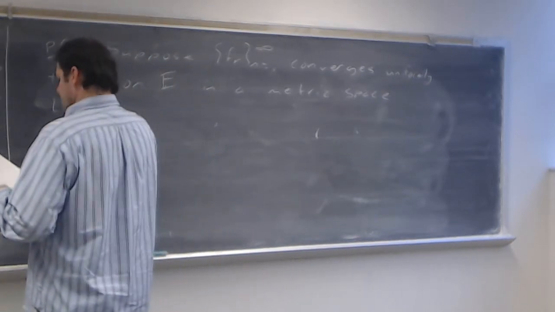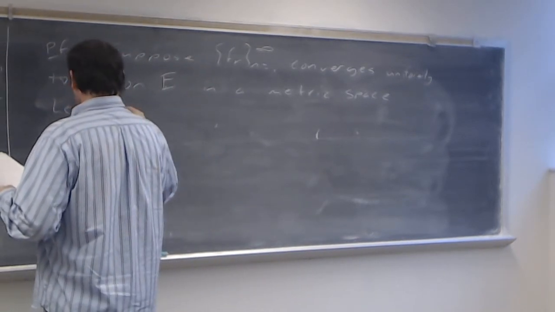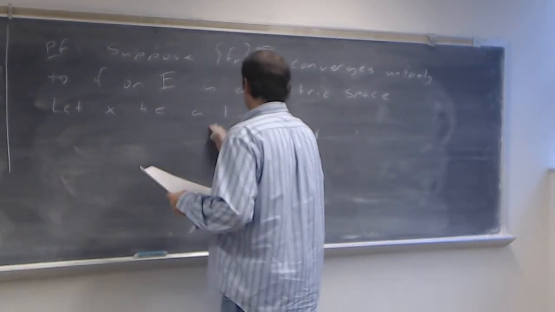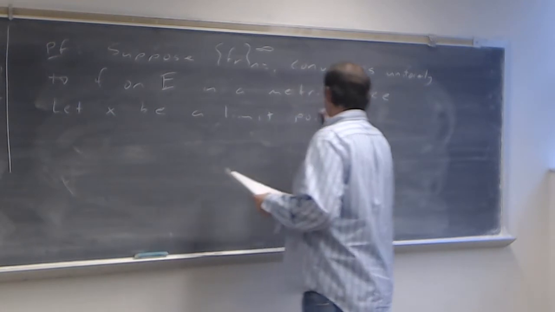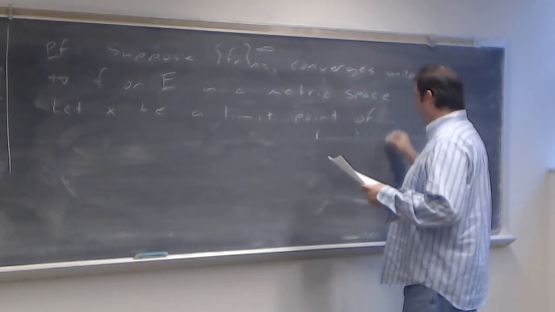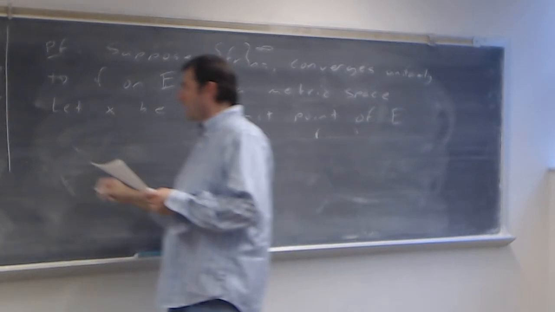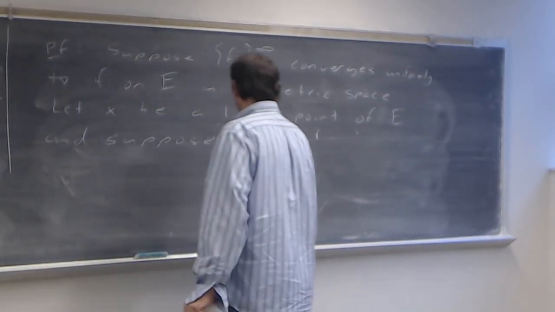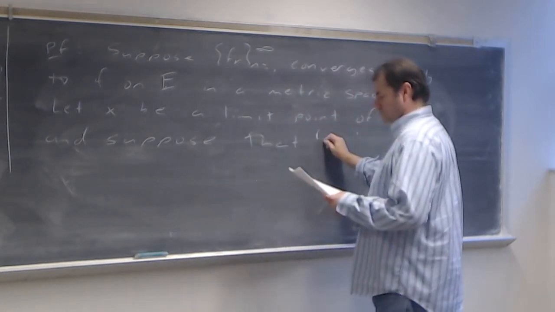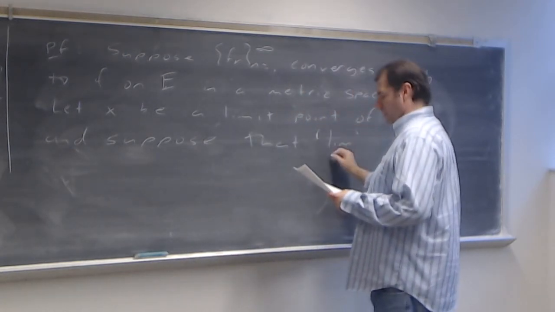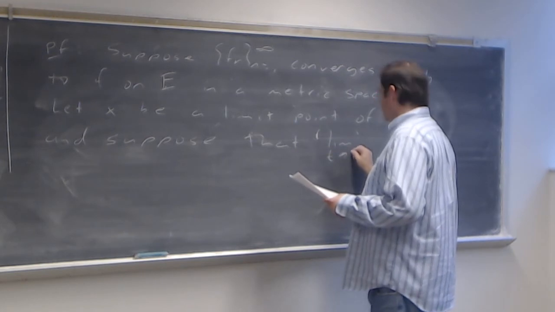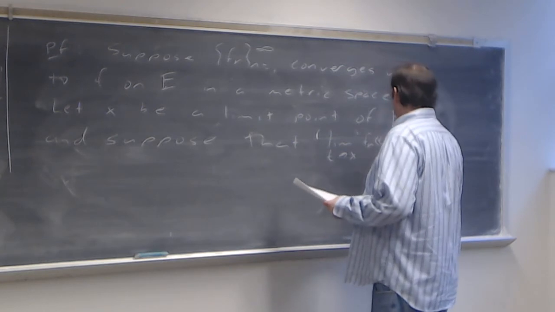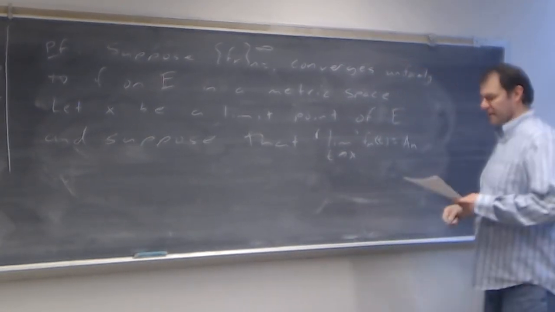And we're going to let little x, that's not the metric space, be a limit point of E, and suppose that the limit as t goes to x of f sub n of t equals some quantity a sub n.